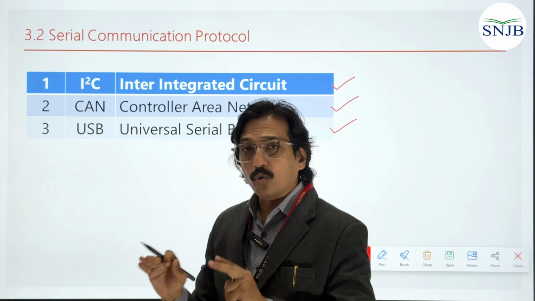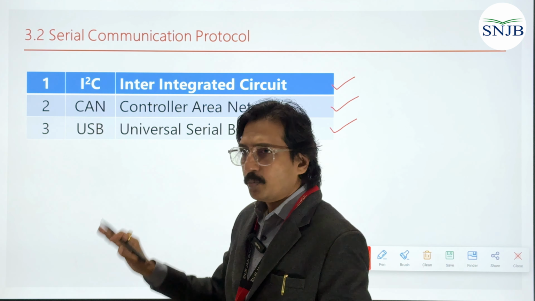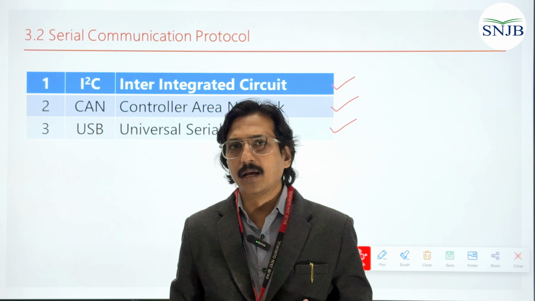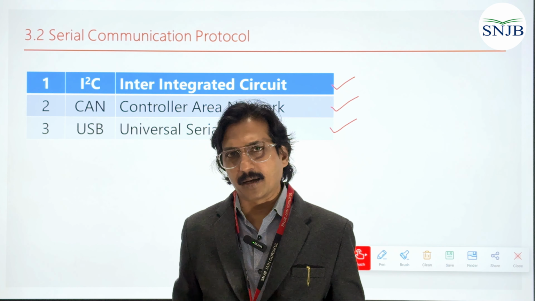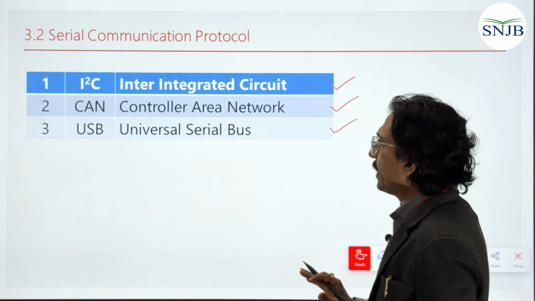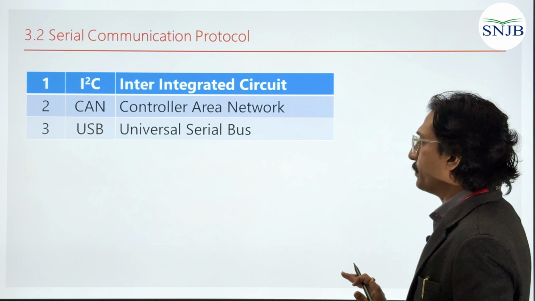For controller area network, only the frame format is there, no block schematic. And as far as USB is concerned, only features are there in our syllabus. There is no frame format, there is no block schematic. So this unit is quite simple because it has very limited scope. So we will start with I2C.